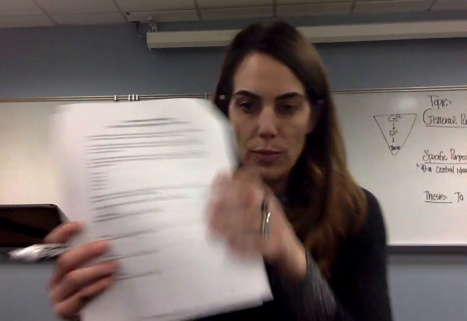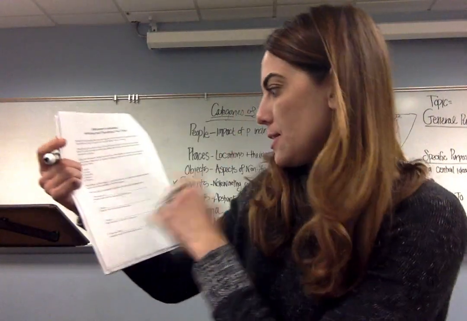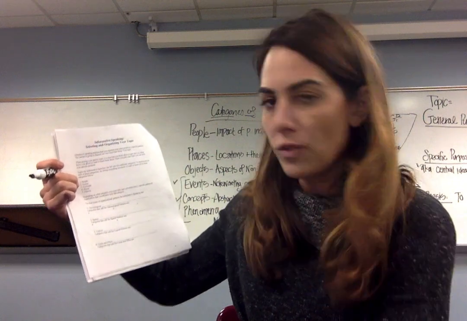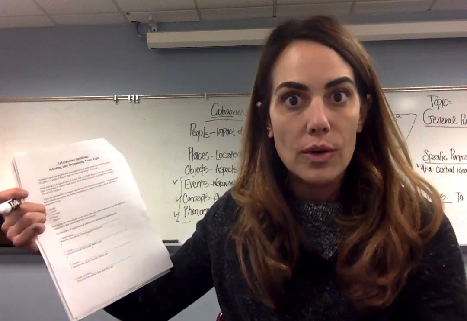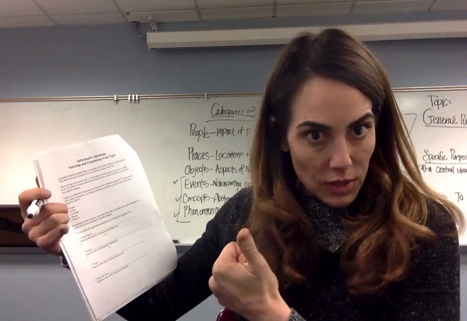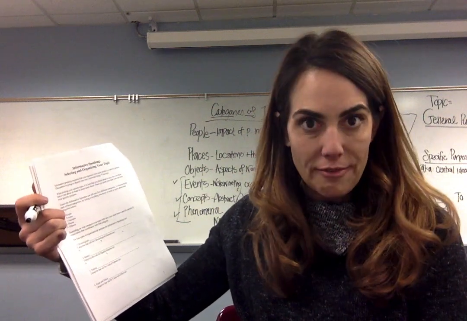You're going to see different categories, the organizational patterns for informative speaking. So there are 4 different organizational patterns that we're going to talk about today. They are chronological, spatial, topical, and cause and effect.